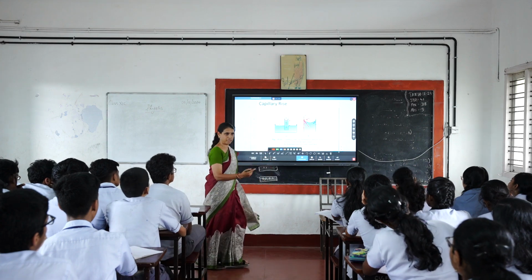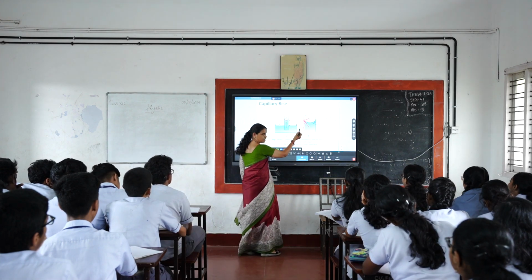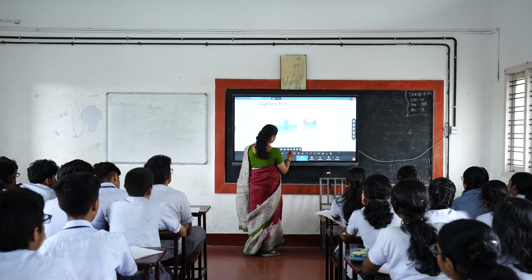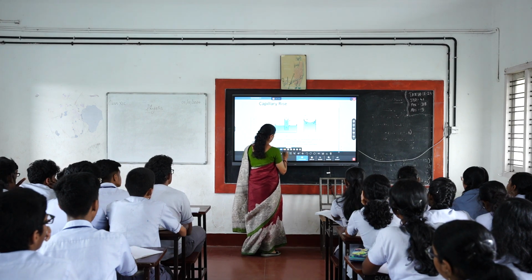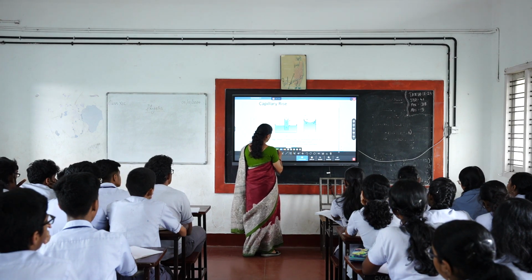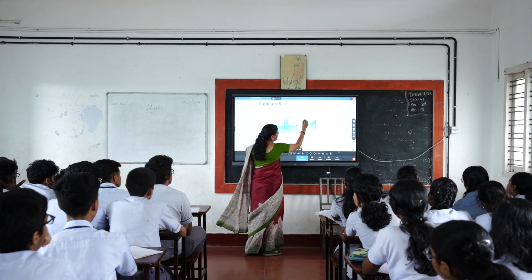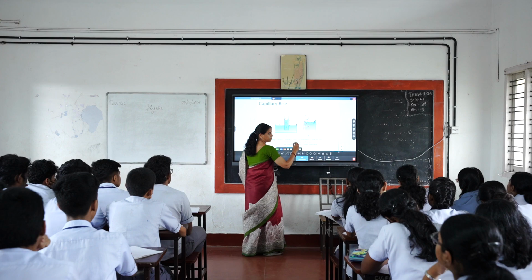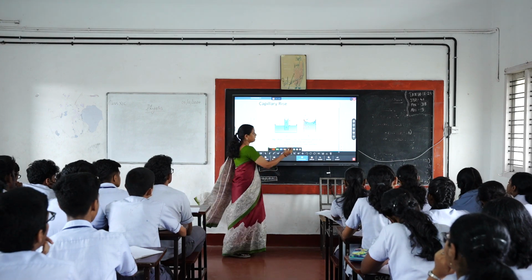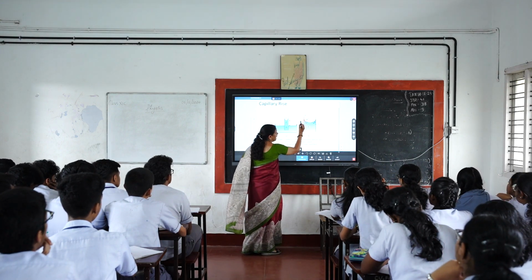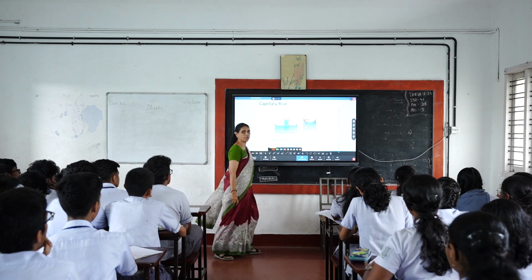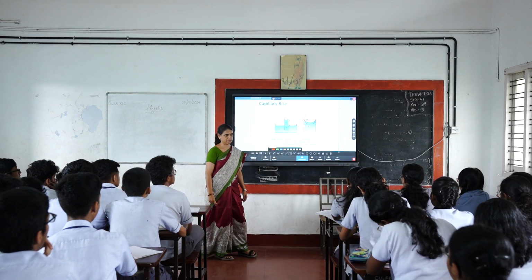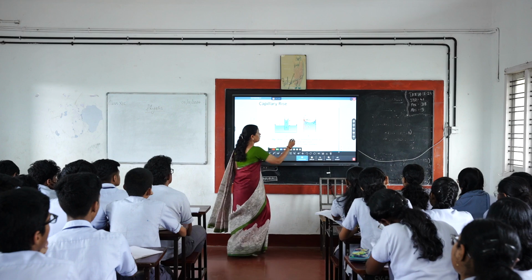Okay, I think I'll repeat it. See, this angle is the angle of contact theta. Now this line and this line, these two are perpendicular. And what is this actually?